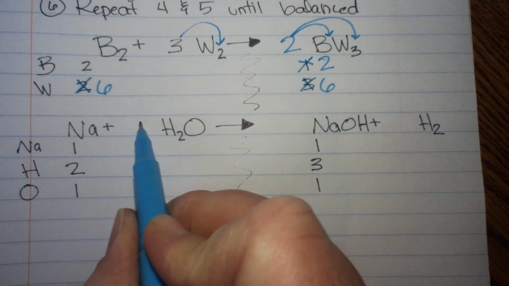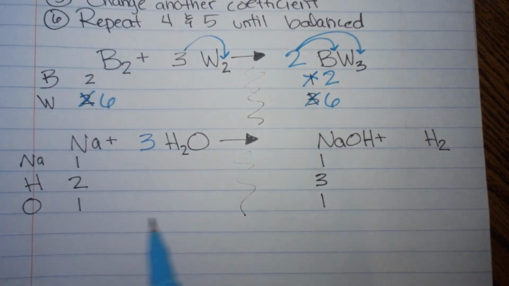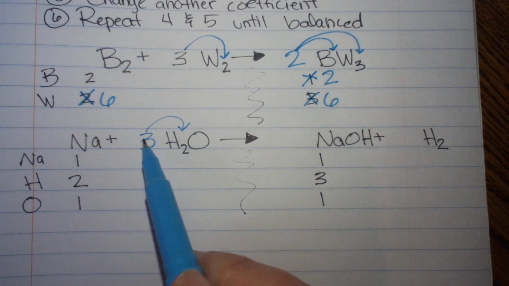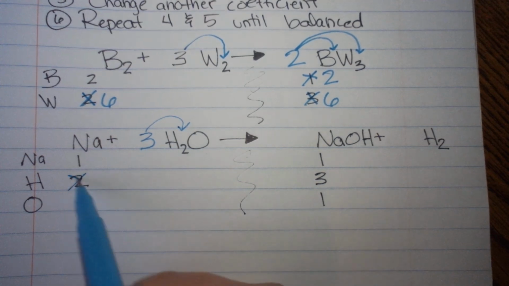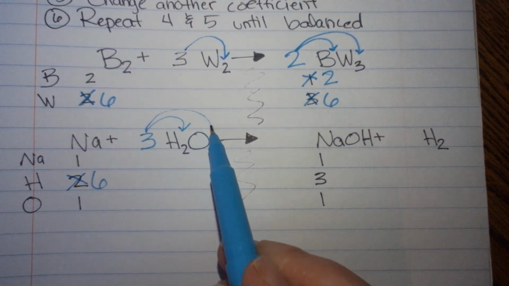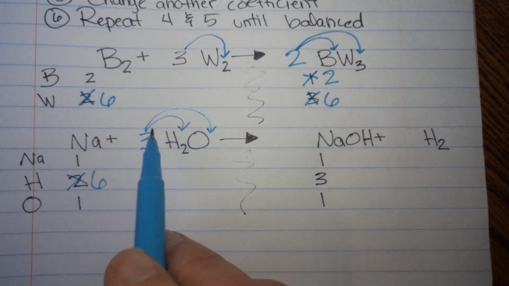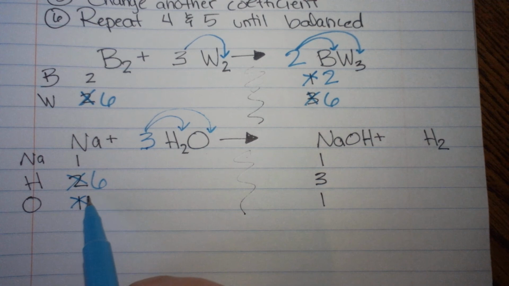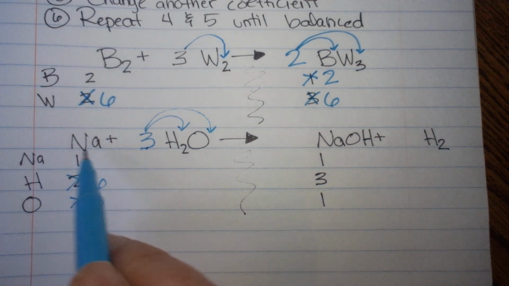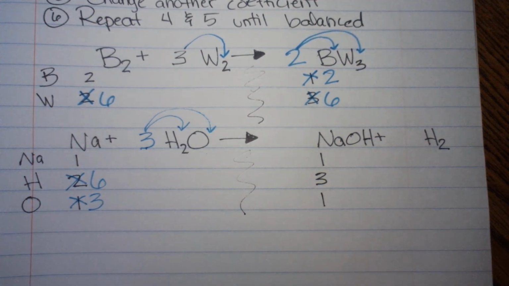I'll put a 3 here, and I'm going to recount. So count the atoms. 3 times 2 gives me 6, but I think I need 3 times 1 because this whole compound is affected by that coefficient. So that gives me 3 oxygens. Sodium I didn't change because I didn't give it a subscript.